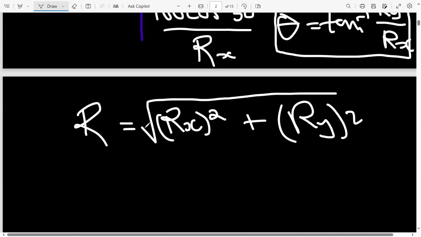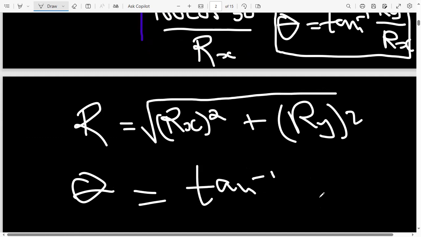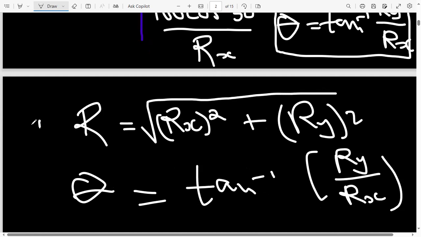This formula we use to find the resultant vector. And the direction of that resultant vector, we said, would just be tan inverse of the y component divided by the x component. These two formulas are very important.